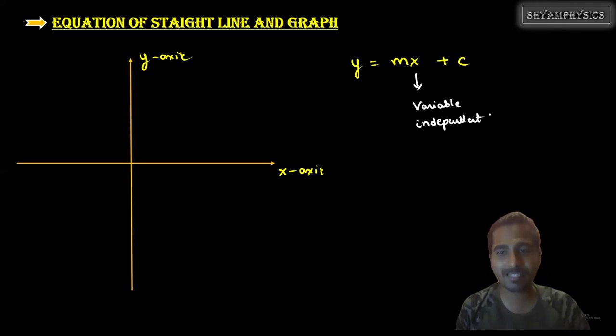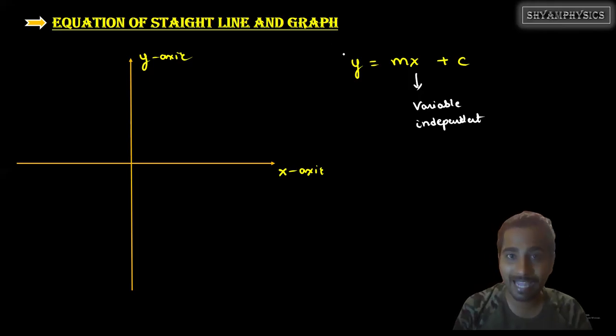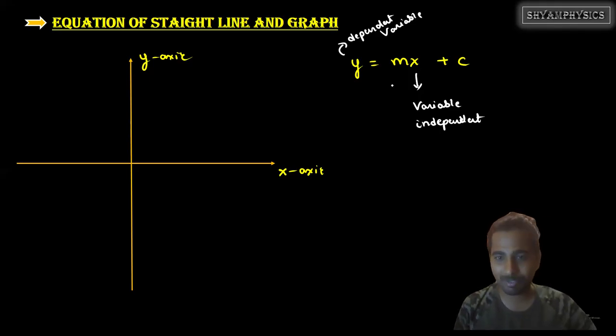We can change any value of x. If I change the value of x, y changes based on that, so we call y the dependent variable. Dependent variable means when I change the value of x, the y value will change. Simply we can say y depends on x.